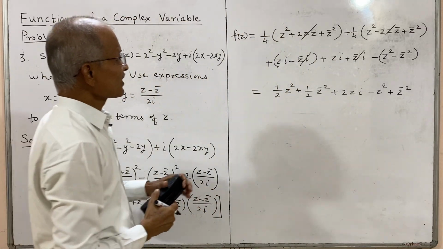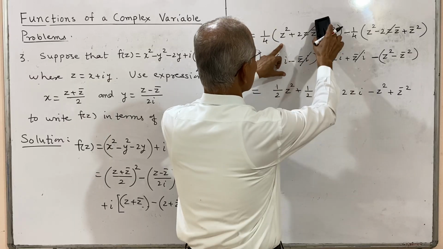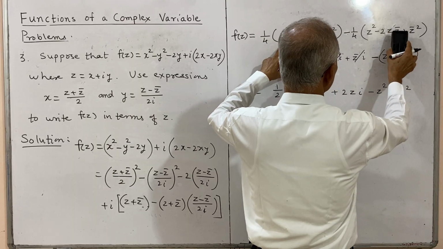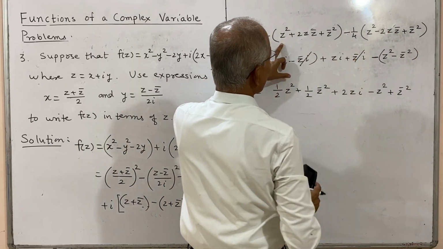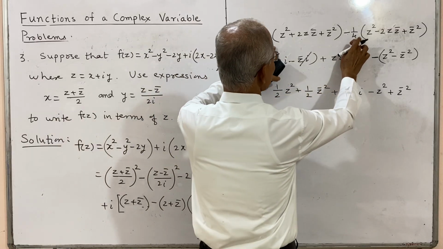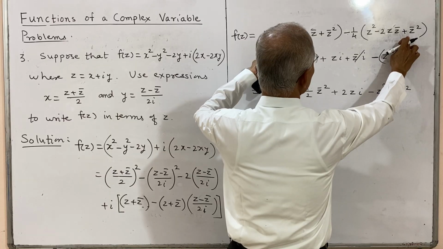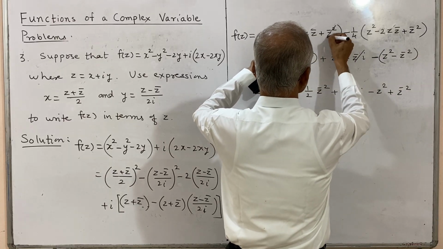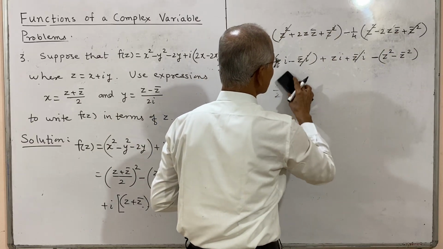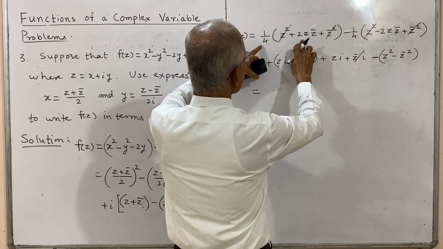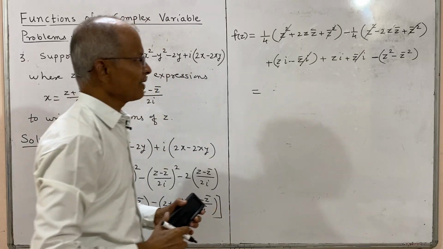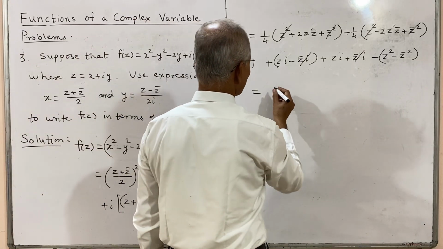And now you see this cancels, not this one, the square term will cancel. This is 1 by 4 z square, this cancels, and z bar square also cancels, so z square, z bar square will cancel, and what remains is 2 by 4 plus 2 by 4, that is 4 by 4, which is z bar.